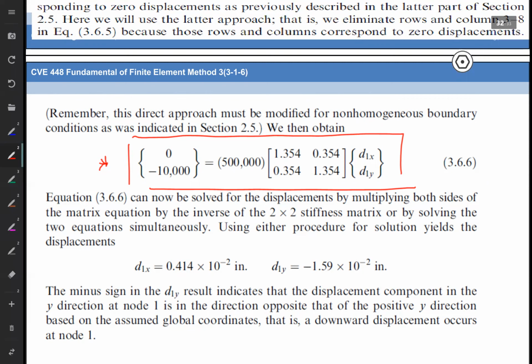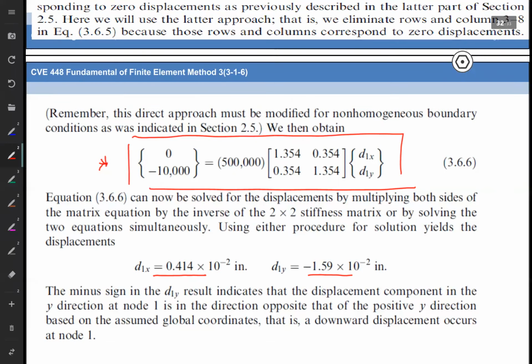Okay, so according to this equation, we can solve for the displacement at node number 1 in the x and y directions like this. Okay, so from this solution, if we would like to know the displacement in local coordinates for each element, we can do the same thing as we showed in the previous example.